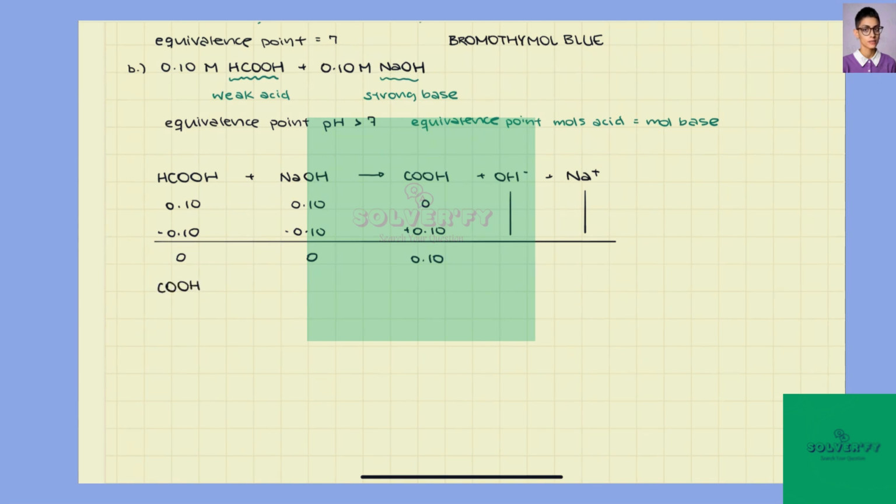So when we solve for the molarity of COO minus, it'll be our number of moles, which is 0.10 moles, over 2 liters, which gives us a molarity of 0.050 M.